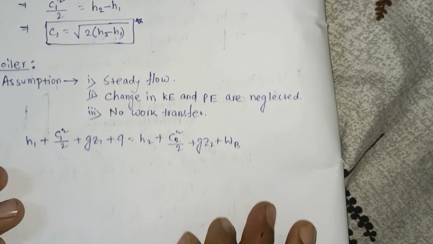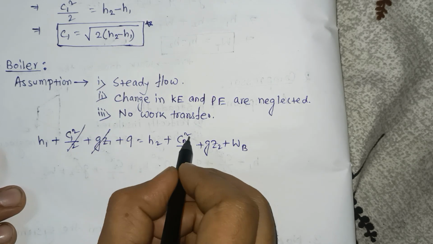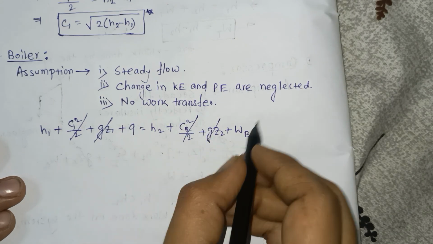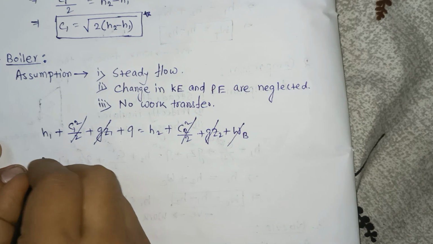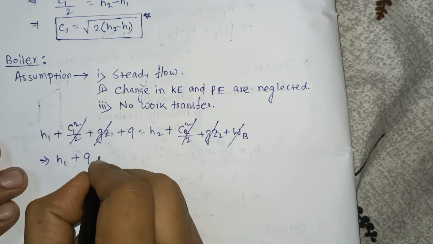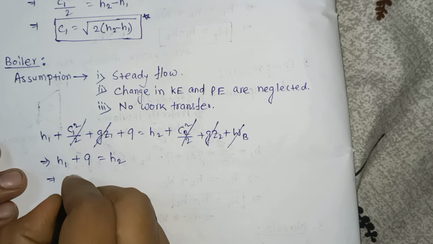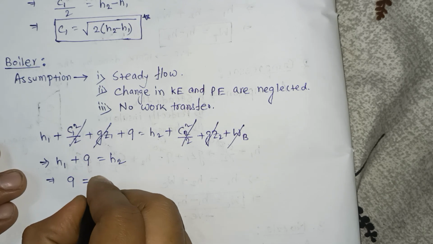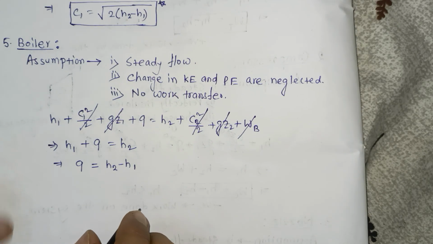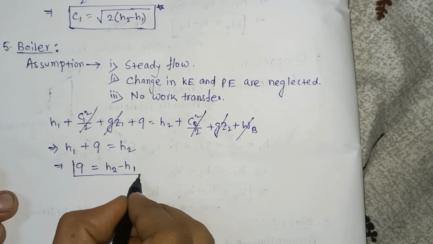Now change in kinetic energy and potential energy are neglected, so these terms are neglected. And there is no work transfer, that means W is neglected. So from here you can say that H1 plus Q is equal to H2. From here you can calculate Q, that is equal to H2 minus H1. Okay, so this is the formula of Q.